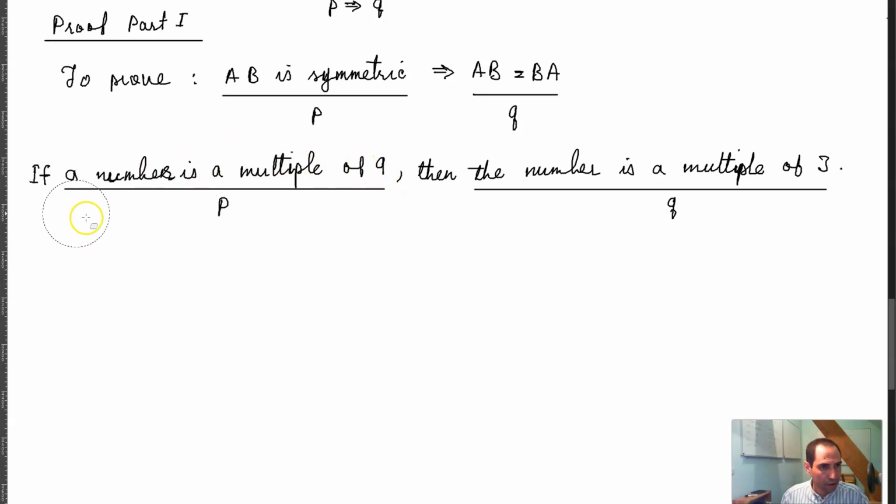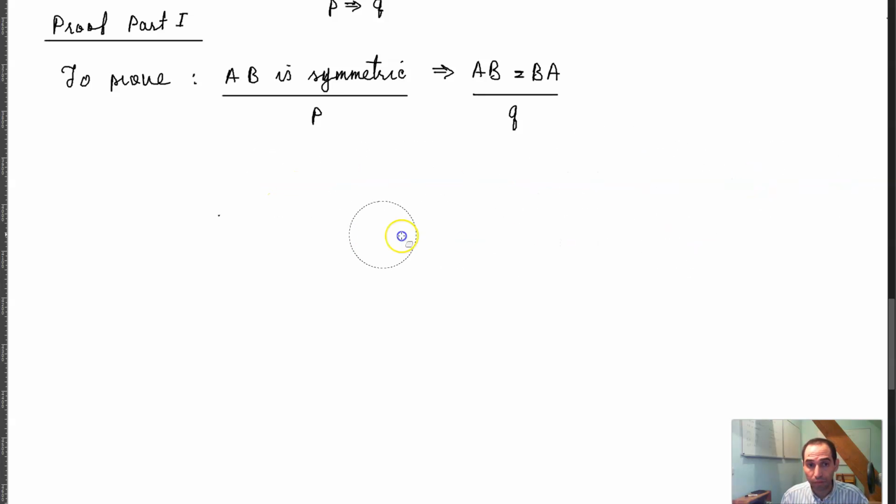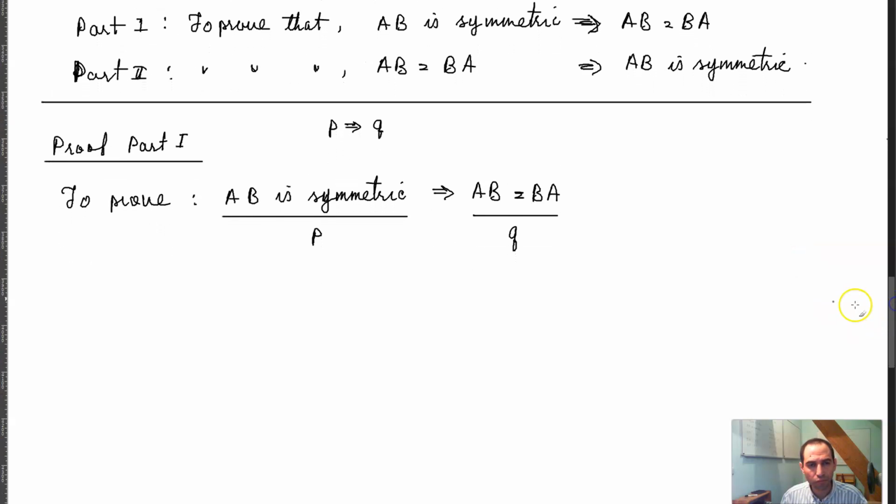Now, let's do that. So here basically what I have is that P implies Q, and P is AB is symmetric, and I want to show that AB is equal to BA, right?